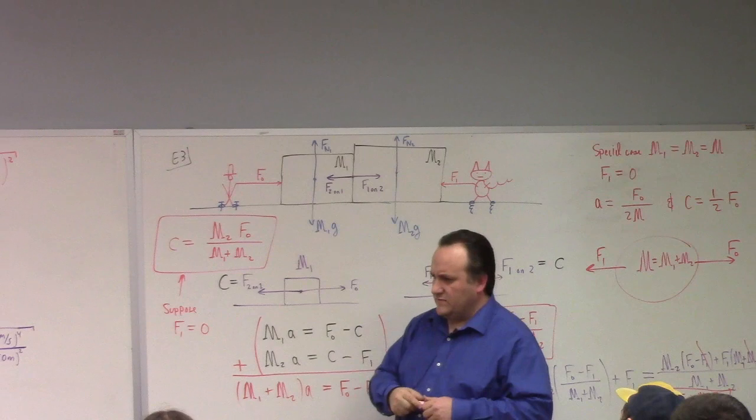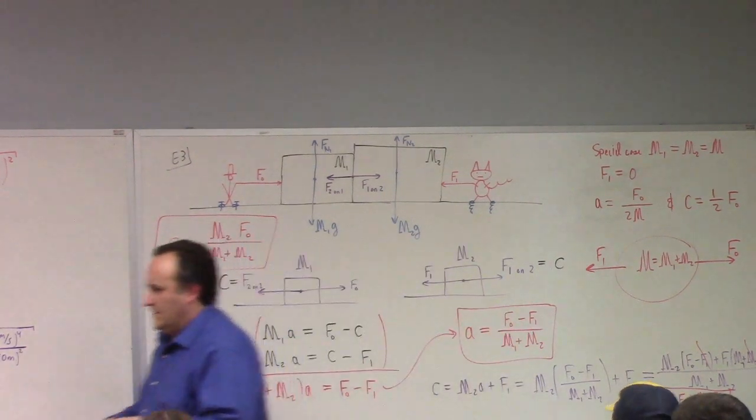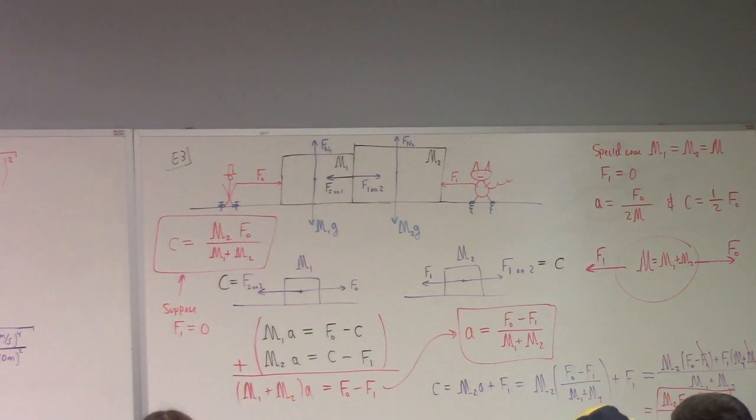So here are two situations you could think about. It would be better if I had a box in here, but let me just use my cell phone as a box.